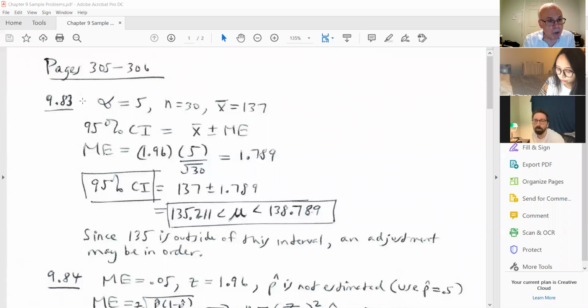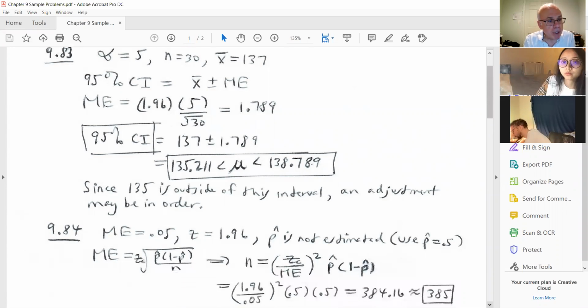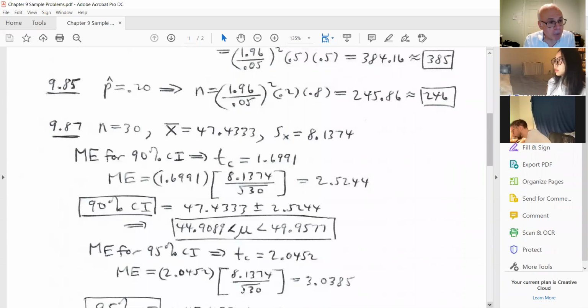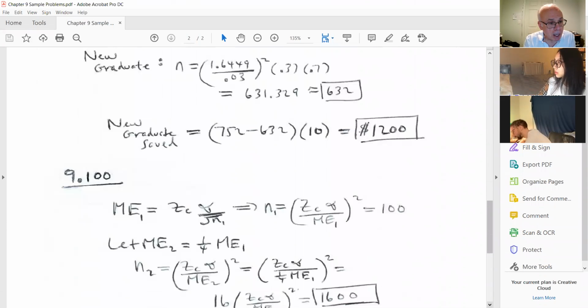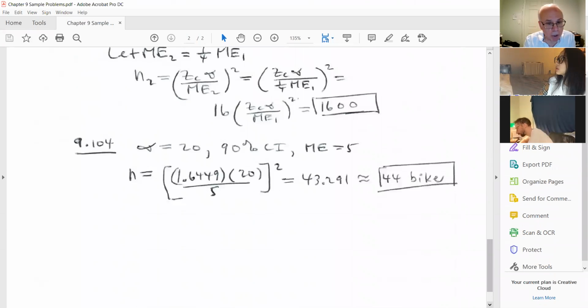Let me tell you which ones they are. So let me share the screen. I don't want you to look at the solutions, and I don't want you to try these on your own. 9.83, 9.84, 9.85, 9.87, 9.91, 9.100, and also 104.